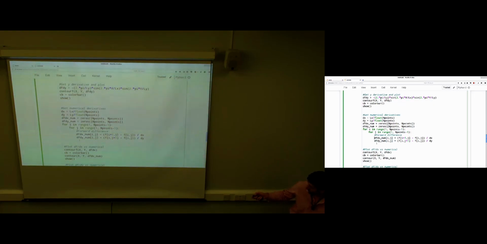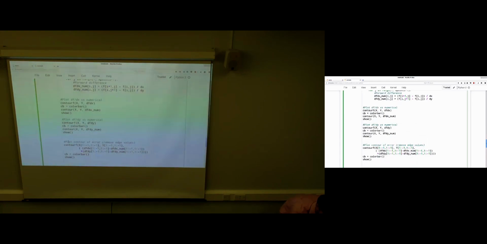And then what we're going to do is overlay the contour of the derivative we calculated exactly with the derivative we've calculated numerically in both cases. So let me show that.